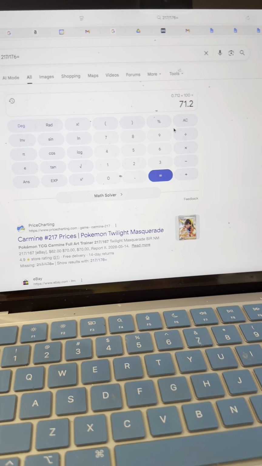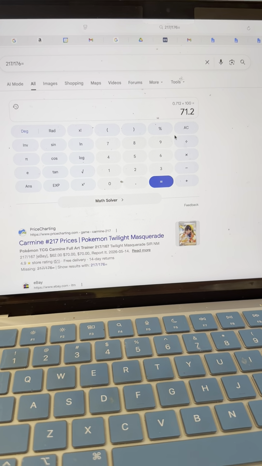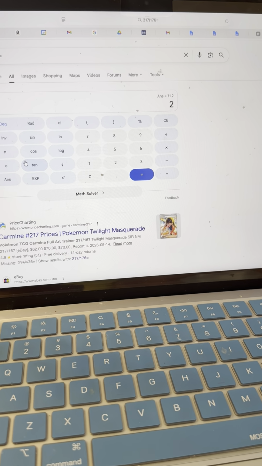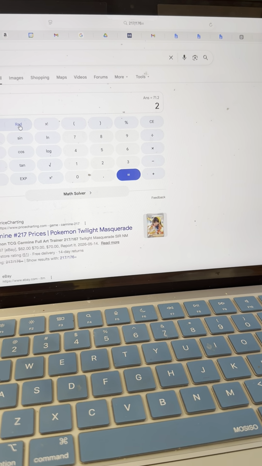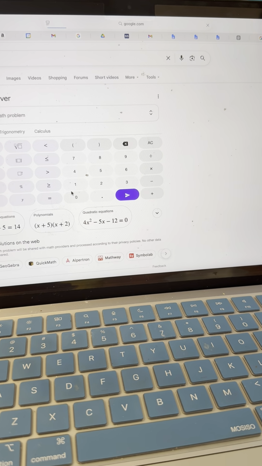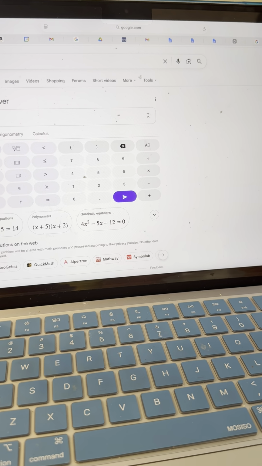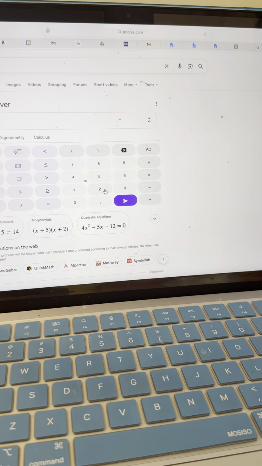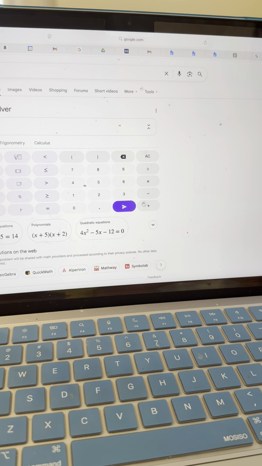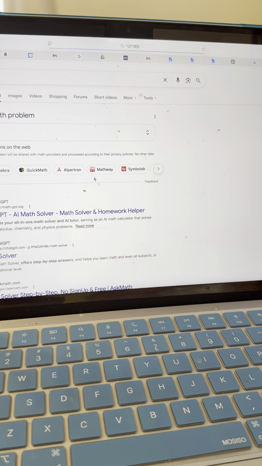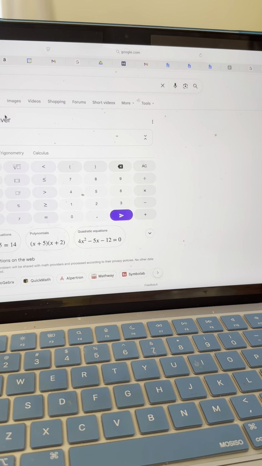Please feel free to use calculators tomorrow. Okay, so 2 to the 8th.